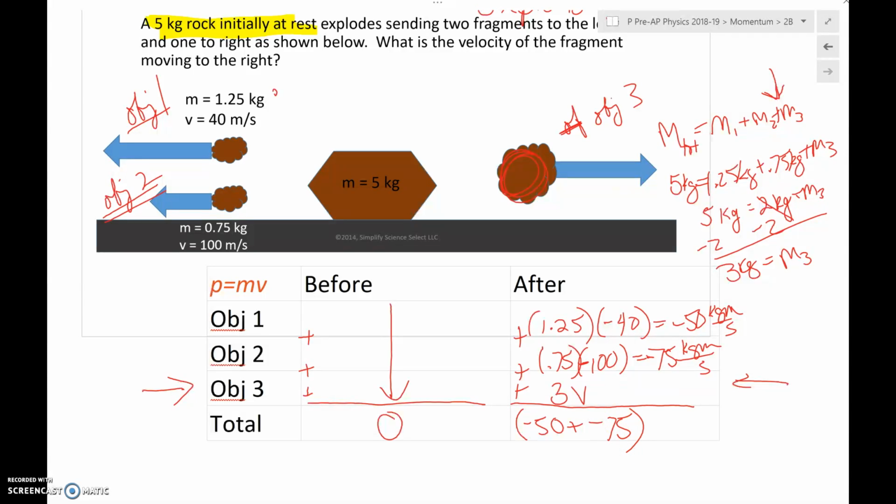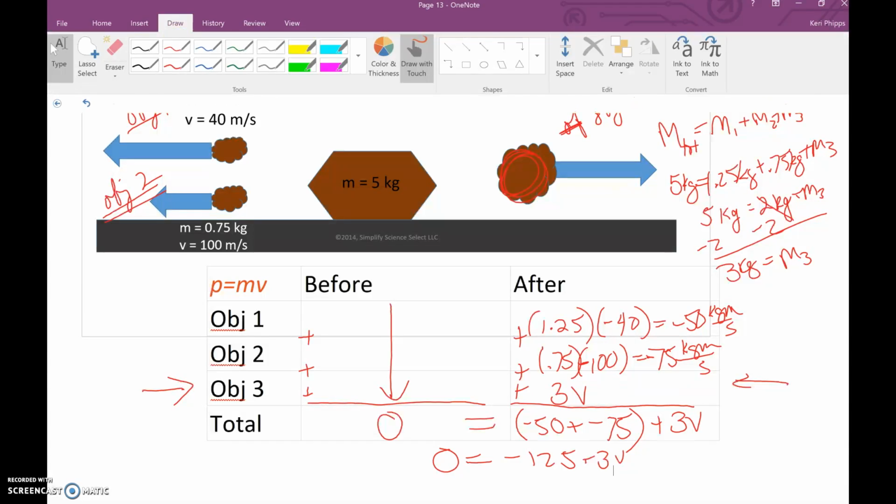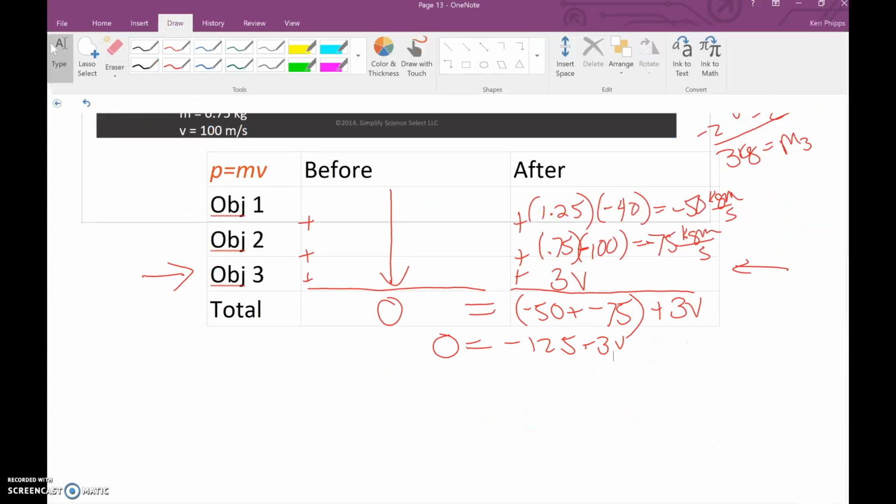Those are like terms, and we have to keep separate our unlike terms. That 3v is a totally separate deal. Same as before, our before momentum equals our after. So it resolves like this: -125 plus 3v. And I'm just going to solve for that velocity, and that'll be our final velocity of that third piece.